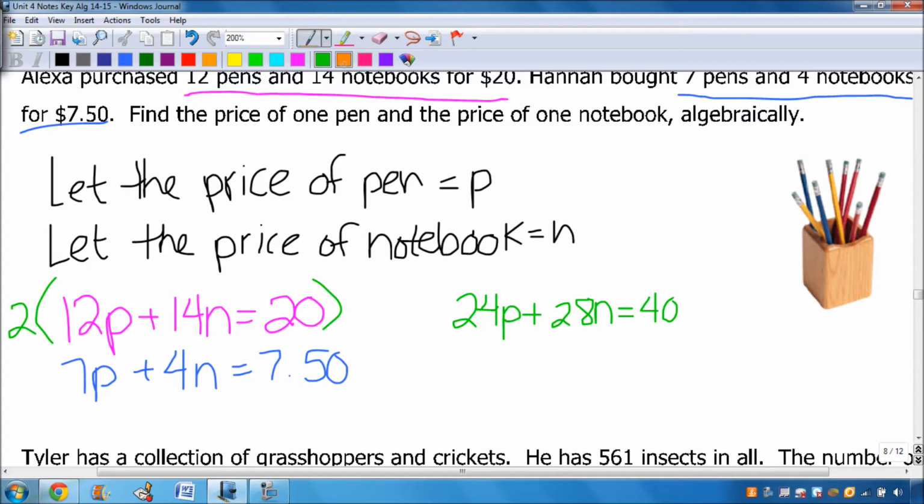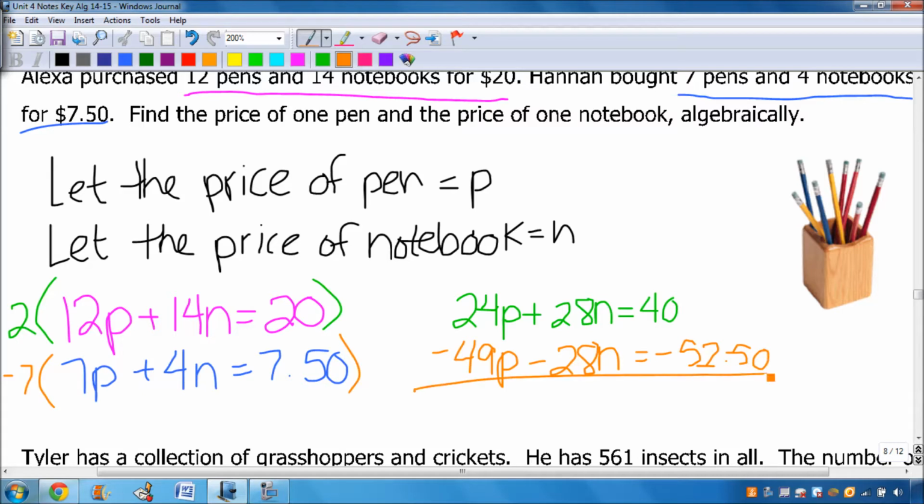And then I'm going to multiply the bottom equation by -7, because remember you want the variables to cancel out, and you need a positive 28n and a negative 28n. So I'm going to say this is negative 49p minus 28n equals negative $52.50, okay? Now I can add my equations together.